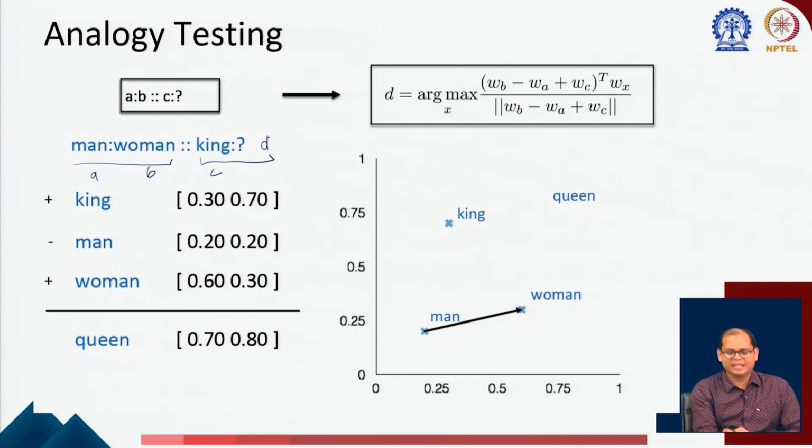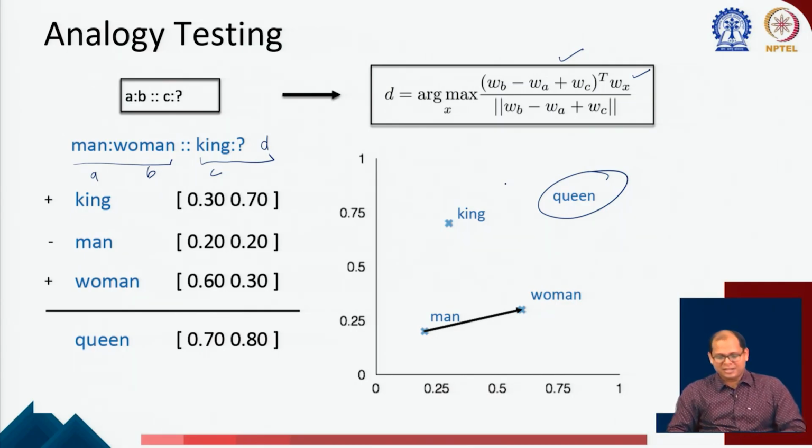We will say vector for D is nothing but B minus A plus C, which we did in one of the previous slides. You find its similarity with all the vectors in your vocabulary and take whichever has the highest value, and you would typically find the vector queen as the answer. So this was something very interesting that was found with the word vectors.